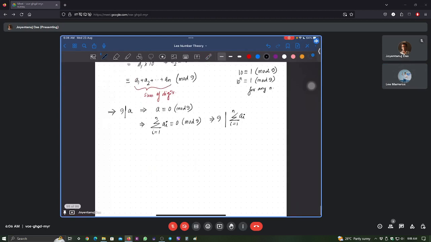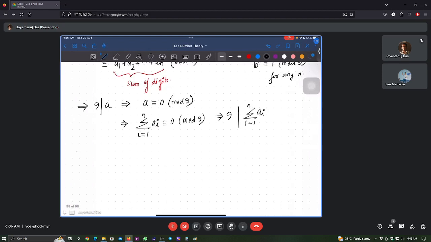If you assume that the sum is divisible by 9, so 9 divides the sum, this implies that the summation is congruent to 0 mod 9, but that is nothing but a.